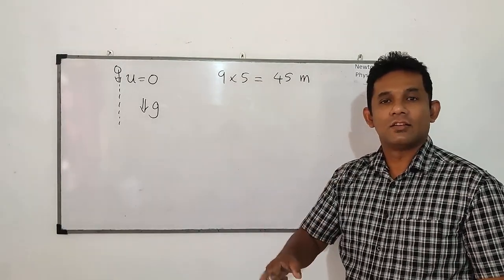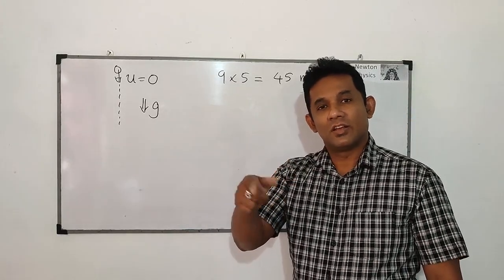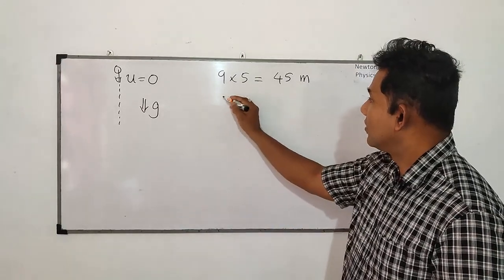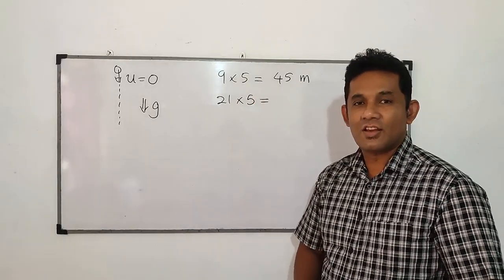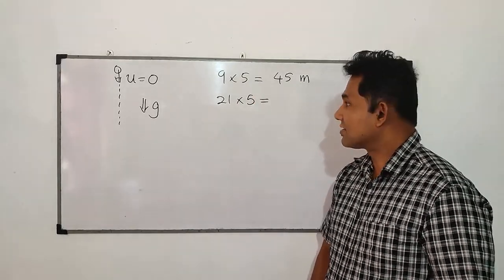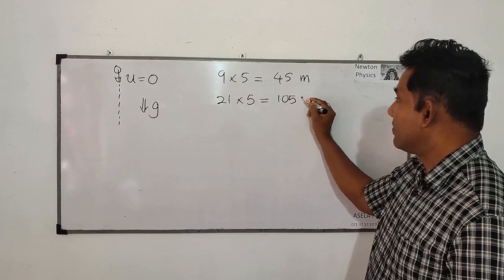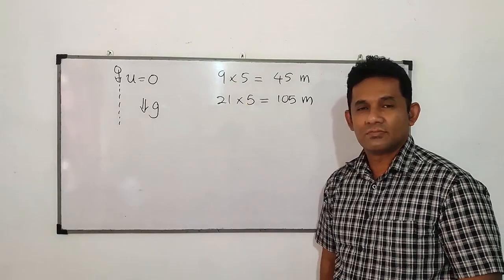Now think that you have to find the distance traveled in the 11th second. It's very easy. 21 into 5 becomes the distance traveled in the 11th second. It becomes 105 meters. So this is a very short method.